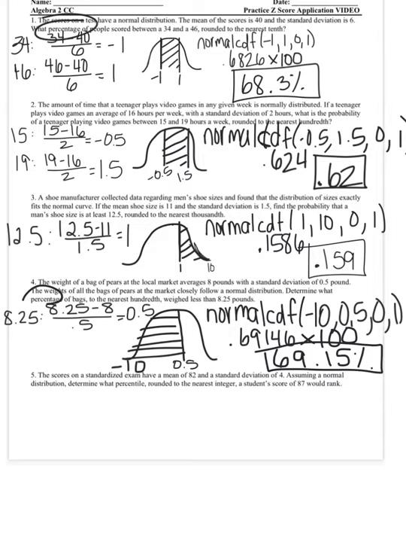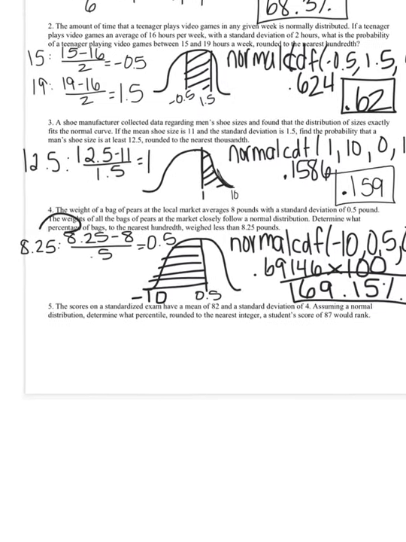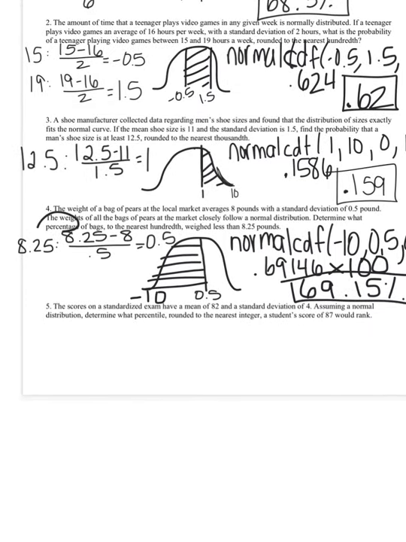And last one. Last one's talking about the percentile. Again, the percentile, a lot of us got this mixed up on the last homework. The percentile, let's say you're finding the percentile for this score right here. Percentile is always less than that number.